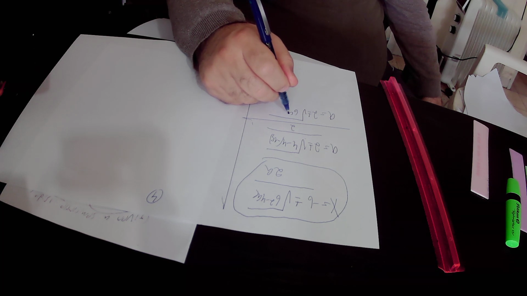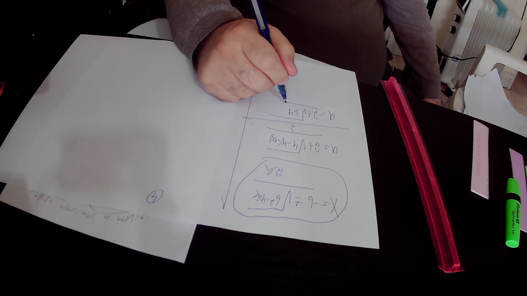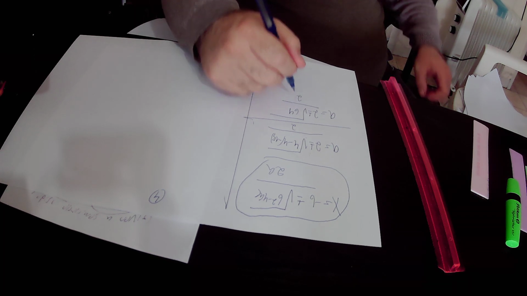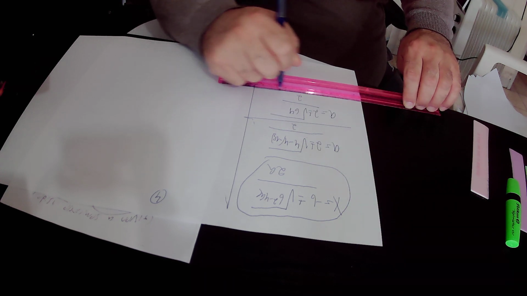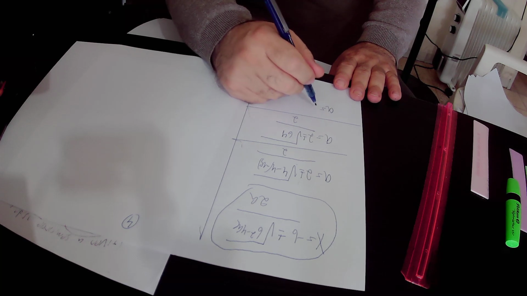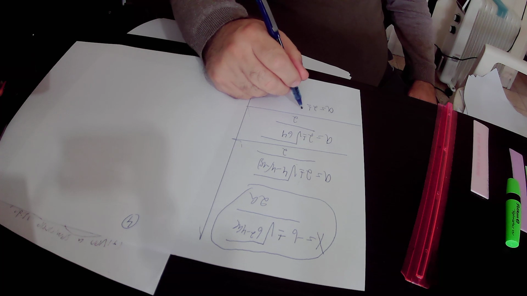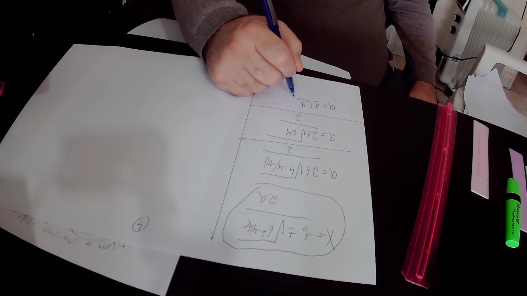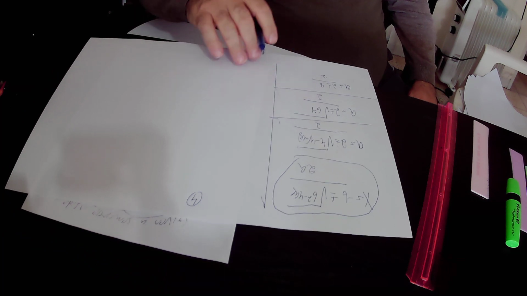So inside the root we have only 64 that is left, all divided by 2. So here we found out that A equals 2 plus minus, the square root of 64 is 8, over 2. So here we will have two possible solutions for A.